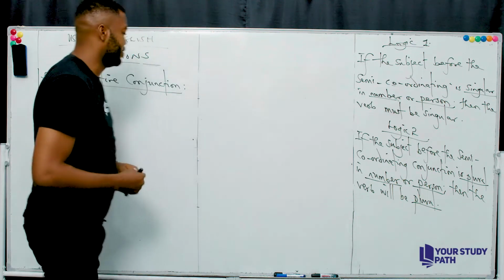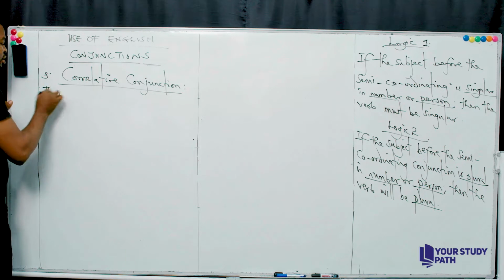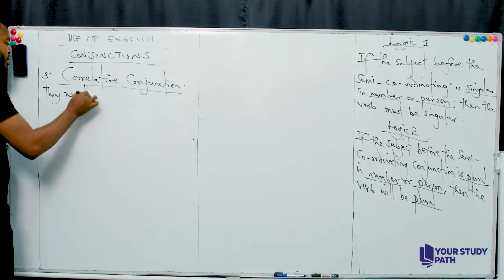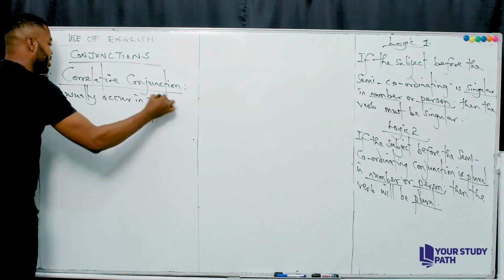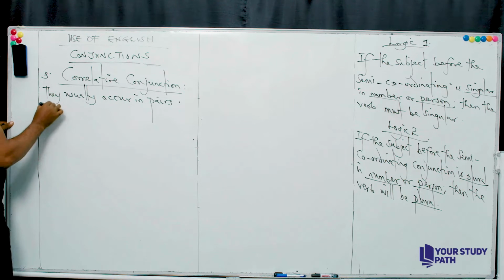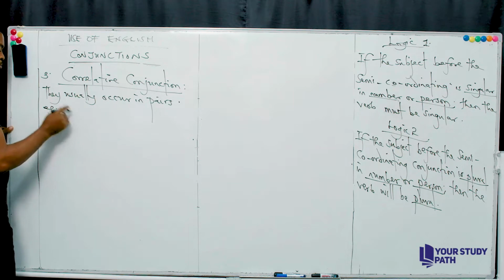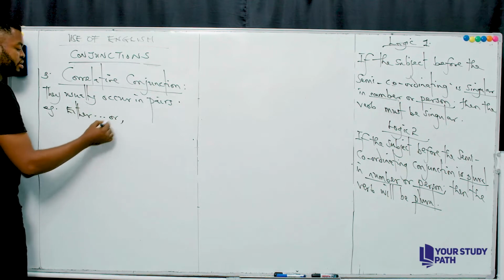Now, take a look at this. They usually occur in pairs. An example can be what is known as either or.